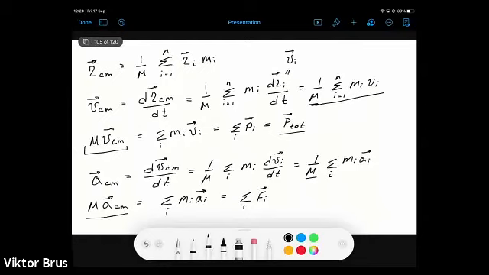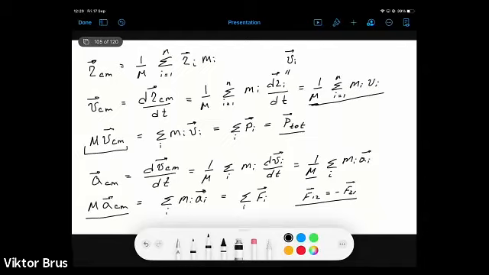So this product will define all forces which act on the system. What is important here, we need to mention the third law of motion, where we remember that F12 is equal to minus F21. That means that, by pairs, all internal forces between the bodies will be canceled out because they are equal in magnitude but opposite in direction.